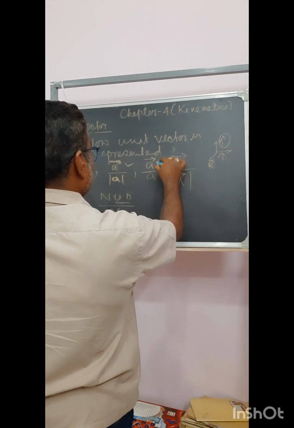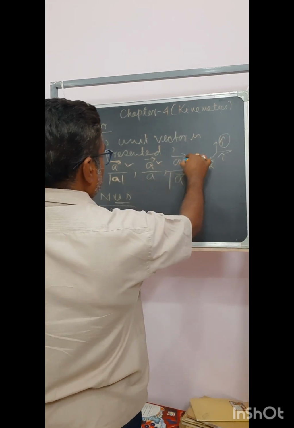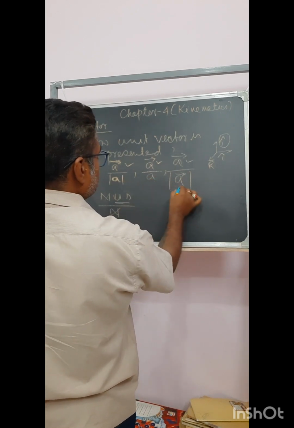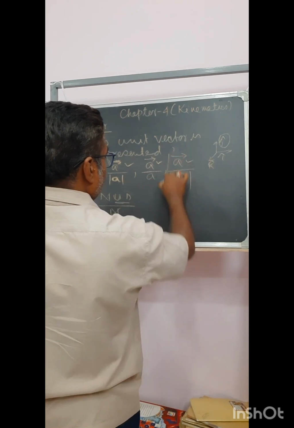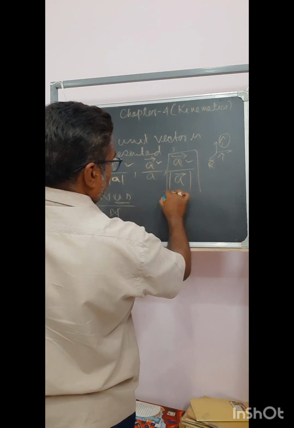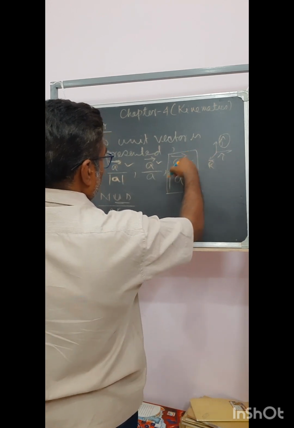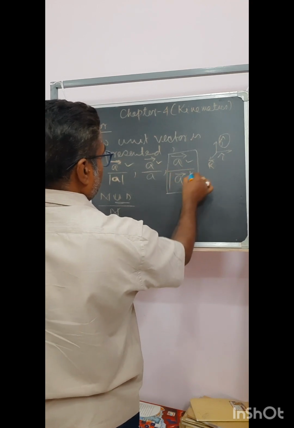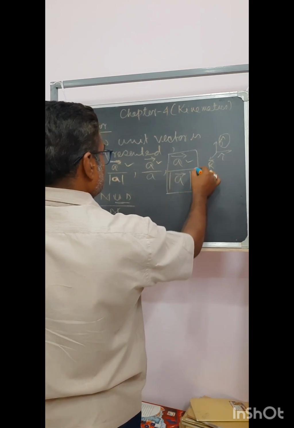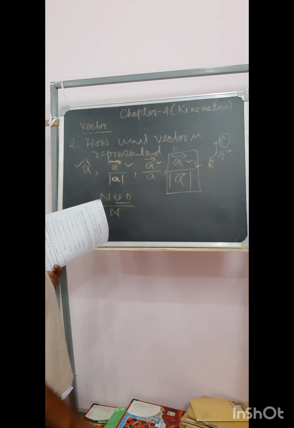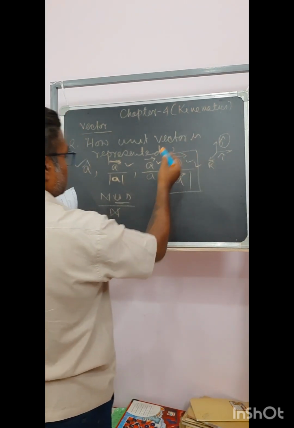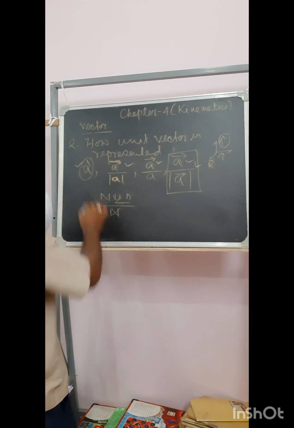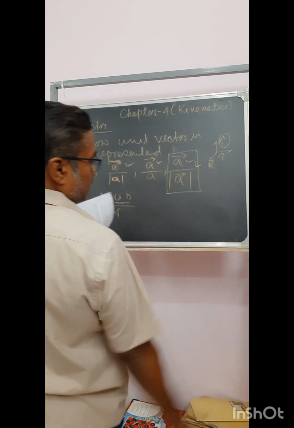So this is also okay. A bar is a vector. This A bar mod is also similar to these two kinds. So this is the perfect designation for representing any vector if it is known. If I take the mod value of that, I will definitely get a unit vector. So this is definitely a perfect representation of a unit vector. But all are correct here.